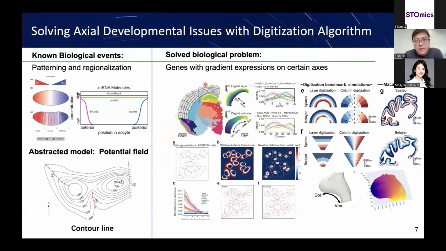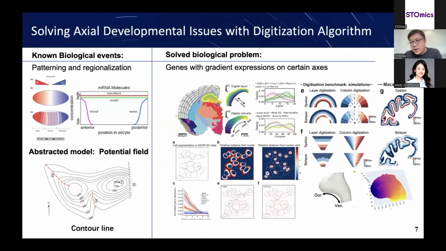For example, in the cortex, we have different layers as well as different functional columns. Even within a cell, with the distance to the nucleus and to the cell membrane, genes also have a spatial gradient along this axis.